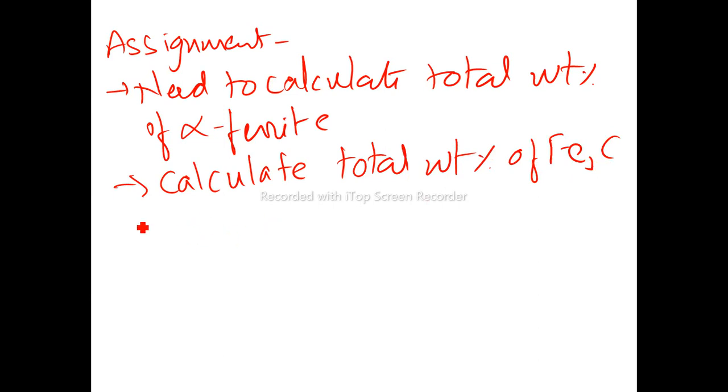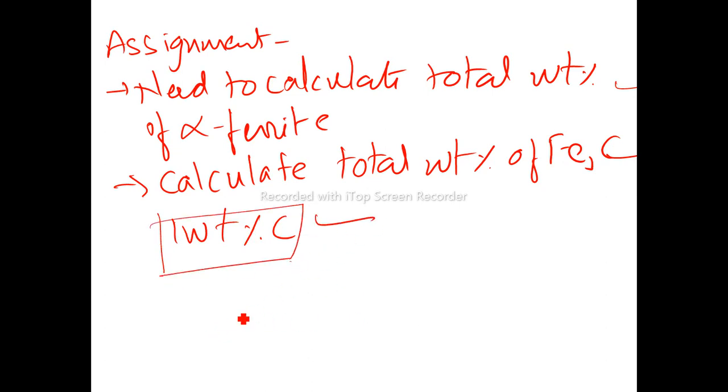You have to change the length of the lever rule. This is a small hint for calculating these two problems. Take the data from the previous example, that is 1 weight percent of carbon. So this is an assignment task. Please do it and place the answer in the comment box. Otherwise, I will explain this task in the upcoming video.